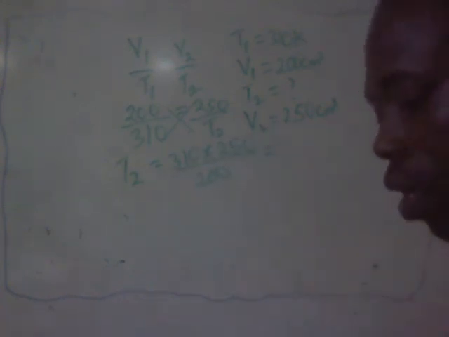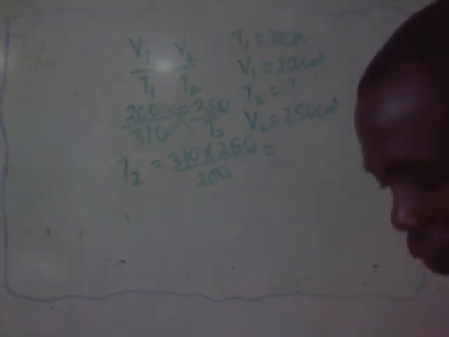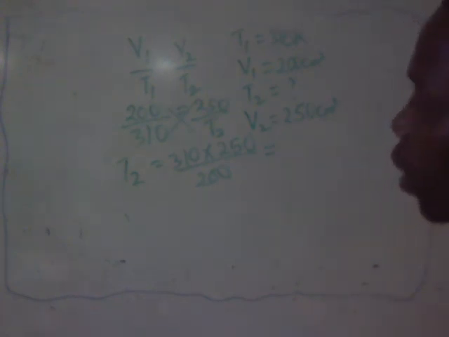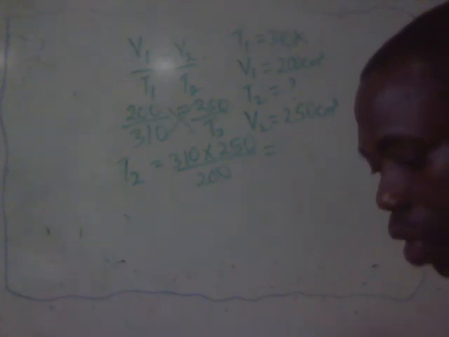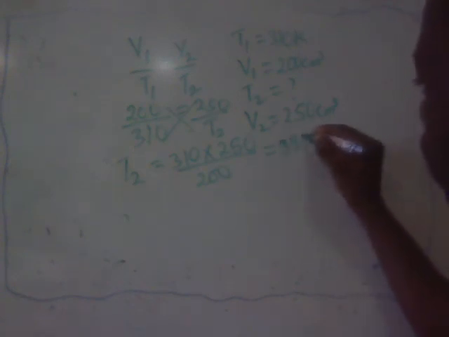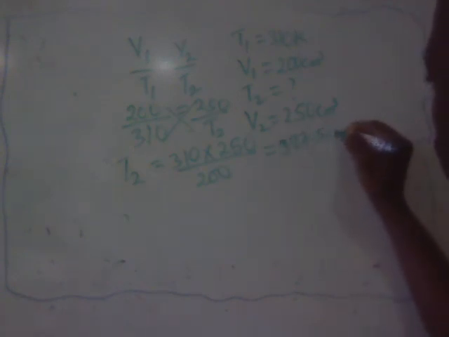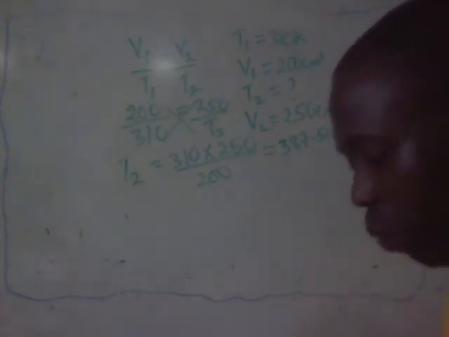Using a calculator, 310 multiplied by 250 divided by 200 gives us 387.5. Okay, let's look at the options.